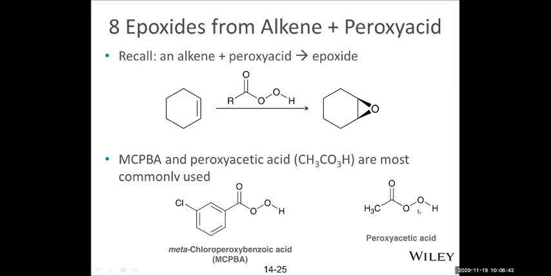And it can also be peroxyacetic acid. So basically acetic acid, replace the OH with the peroxide bond. It can also be used for forming the epoxide.